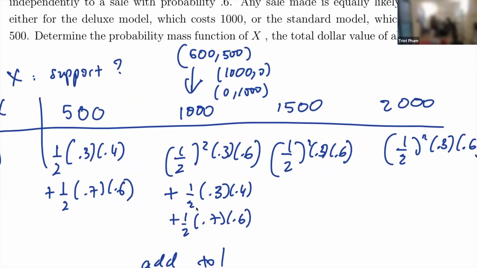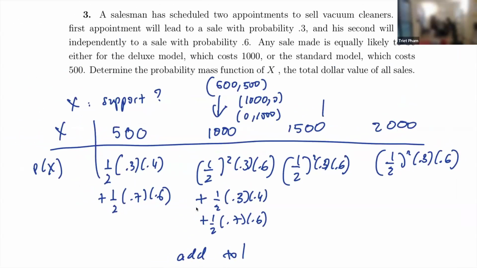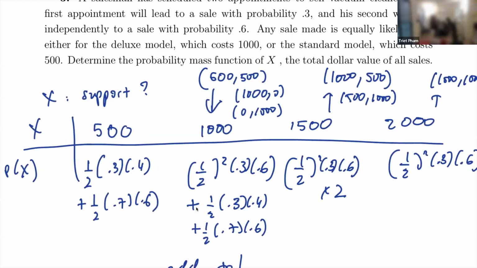Okay. And then this is 1,500, or 500, 1,000. So what's missing here? Times 2. This is 1,000, 1,000. This is 0, 500, or 500, 0.